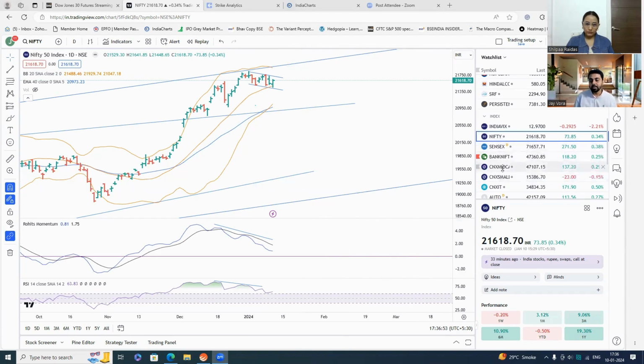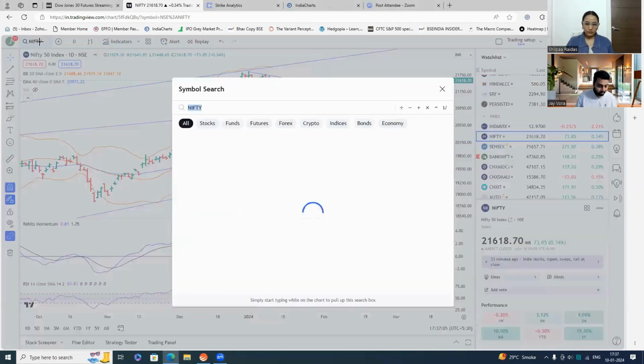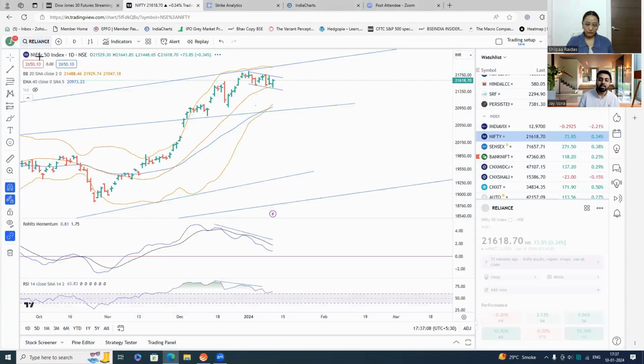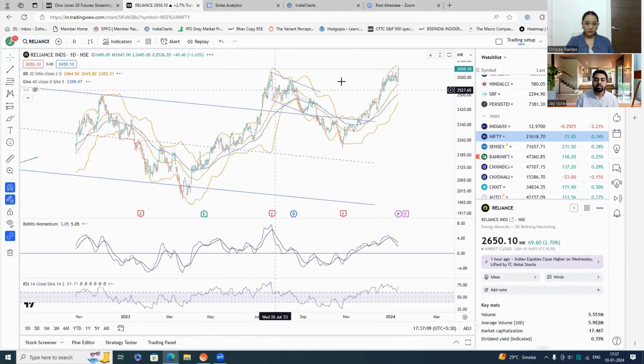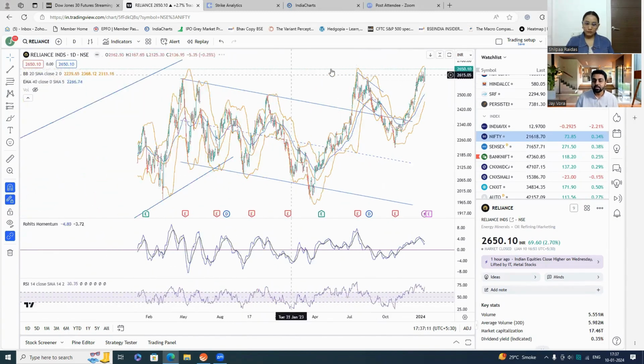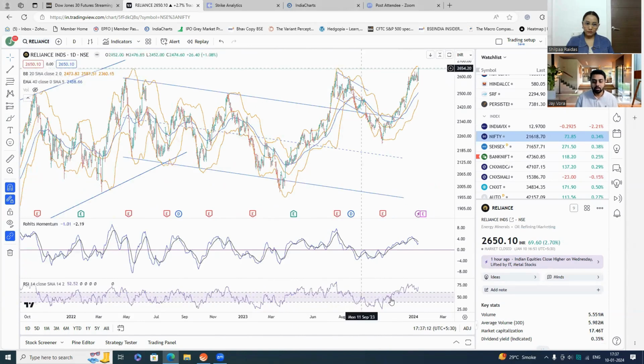See, in the Nifty index, what is happening is that there are a handful of stocks which have a great weightage in the Nifty index, and they seem to be saving the day for Nifty. For example, Reliance Industries has made a new high, and it is trying to break out from this entire range.